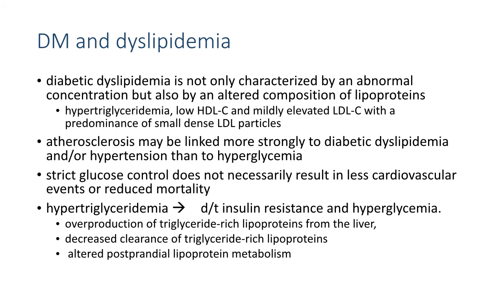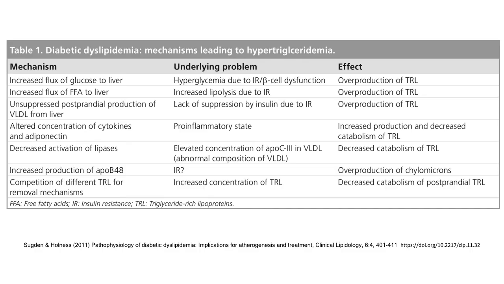And I have a little table on the next page that shows some of this. So table 1 here just shows the mechanisms of diabetic dyslipidemia and how we get specifically to hypertriglyceridemia. So you may remember that when we talk about our cholesterol levels, we tend to talk about LDL and HDL, and we tend to talk about our triglycerides as well.